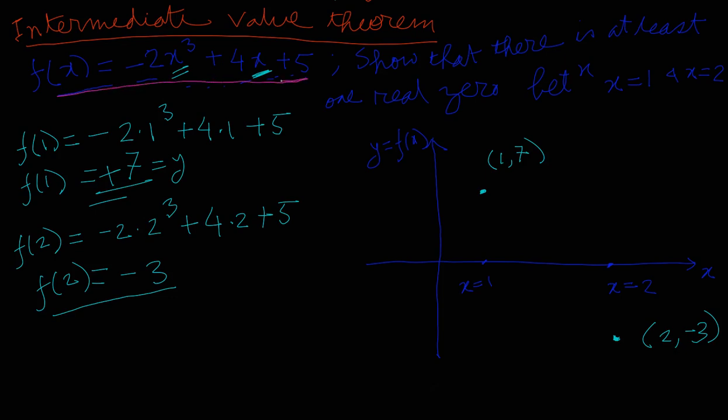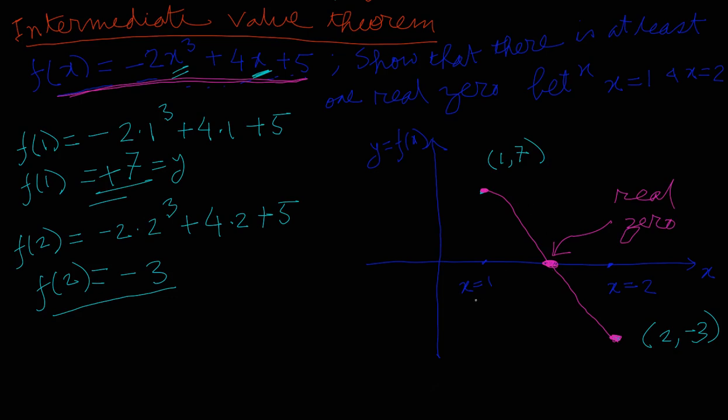So this function must be continuous between this point 1, 7 and this point 2, -3. So how can you draw a continuous function? It must cross the x-axis, and we know that this is a real 0. All right, so I can have at least 1.